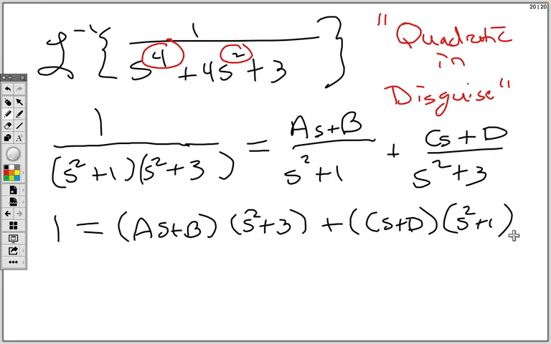If you try to figure out an s that's going to wipe everything out except one of them, I don't think you're going to have much success here. So at this point, you would just go to equating coefficients.